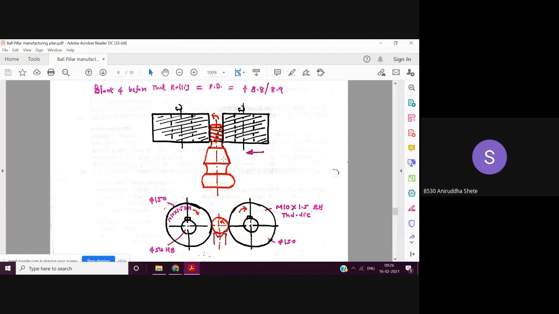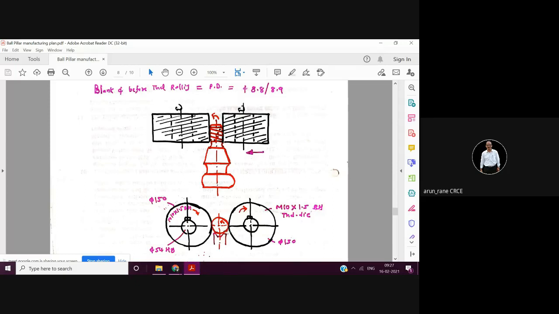No, generally we don't, but you can use the center also, like you can have a center here and a center here, and you can load the component in between the centers also. That is very safe. But sometimes, if you want to make it very fast, then people just load it on the V block, and these V blocks are comparatively soft.